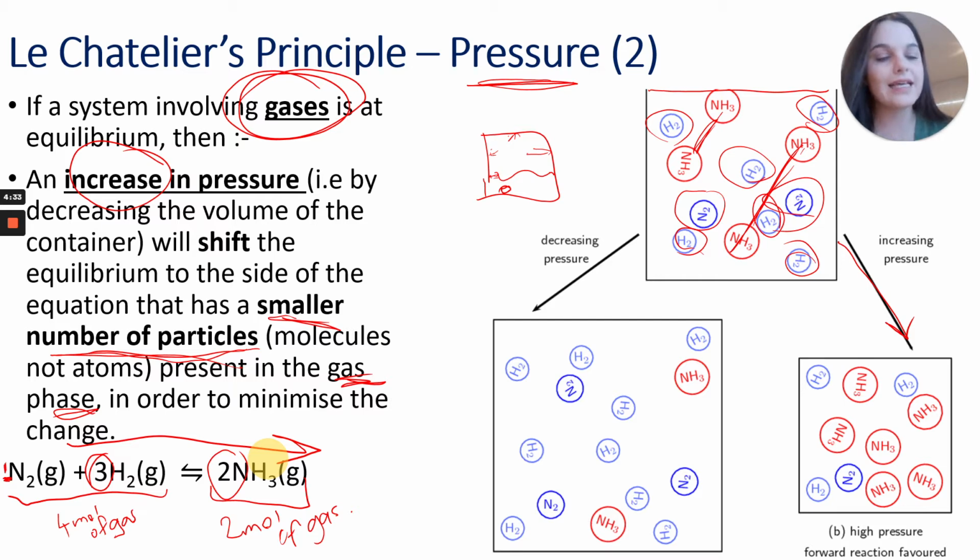Now the less gaseous particles that I have floating around and bouncing off the walls here, the lower the pressure. So my system is responding to this increase in pressure by lowering the pressure. And it's doing this by making less moles of gas particles to bounce off of those walls. So in this case, the reaction is going to favor the forwards direction, making more product in order to decrease that pressure.